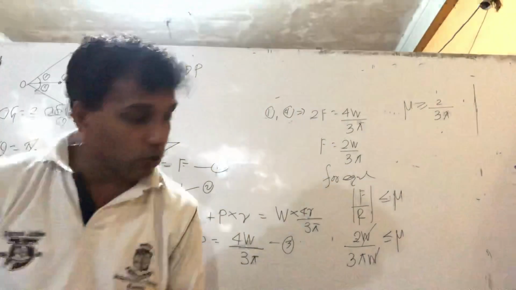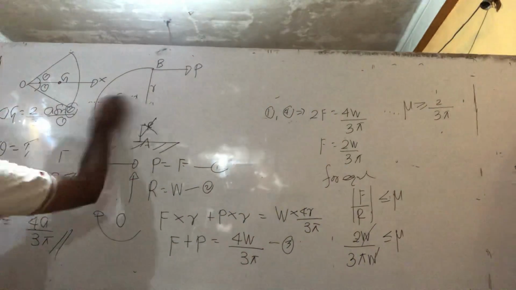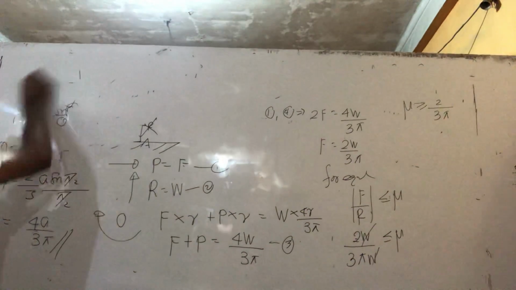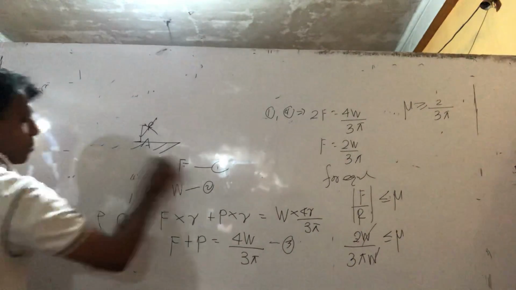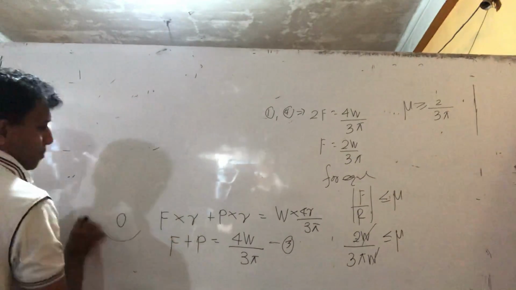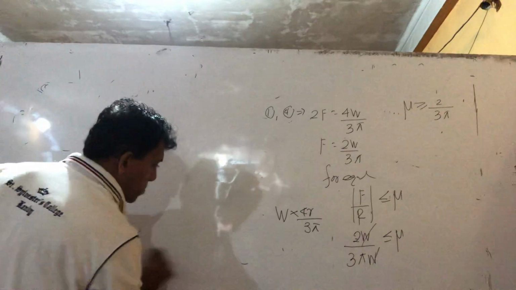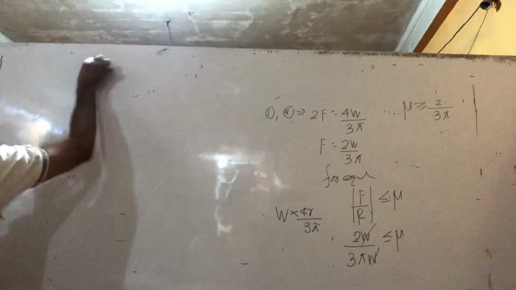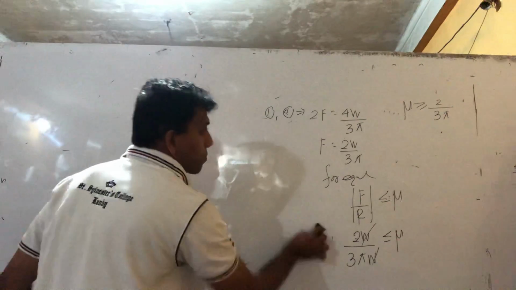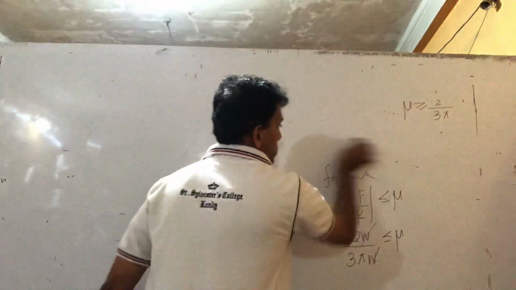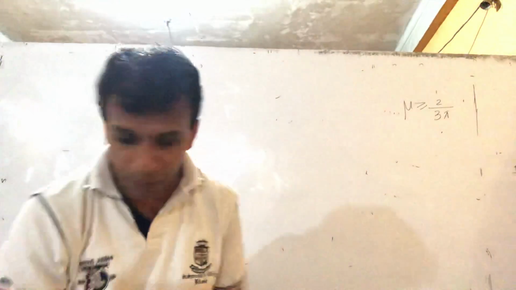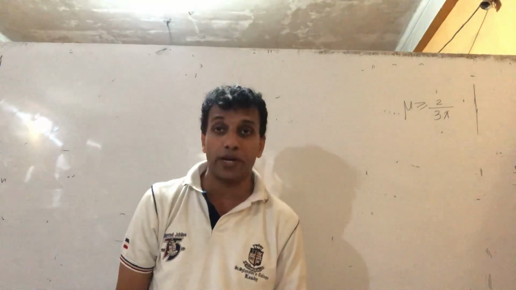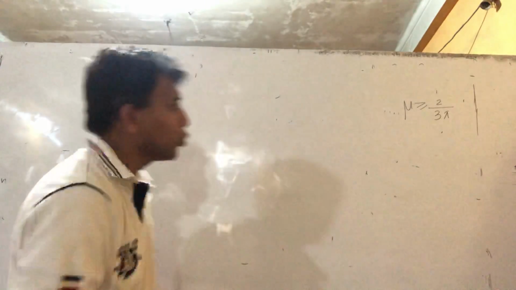Okay, now question number 9, probability and statistics. The question says A and B are two independent events. Then we write the independent rule.